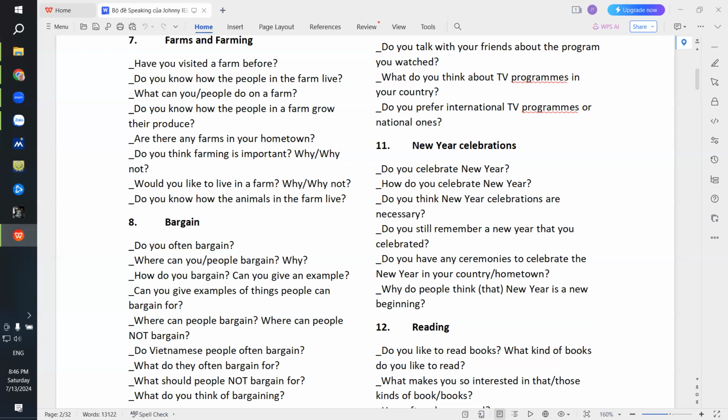There are a lot of reasons why some people think that New Year is a new beginning. For some people, New Year is a new beginning because they get a chance to forget all the mistakes they made in the previous year.